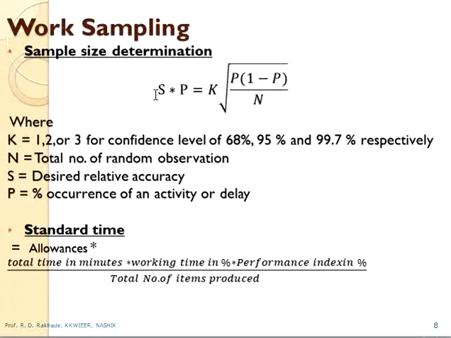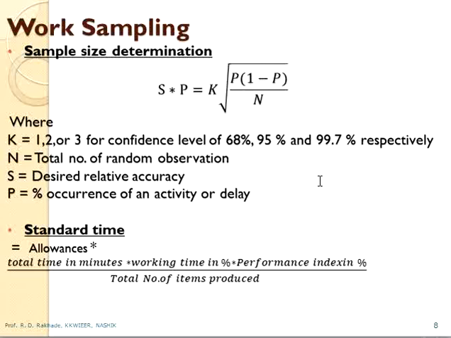So the formula is S into P equal to K under root P in bracket 1 minus P bracket complete divided by N. So here S is nothing but desired relative accuracy, P is the percentage occurrence of an activity or delay, K denotes 1, 2, 3 for confidence level, that is 68%, 95% or 99.7% respectively.